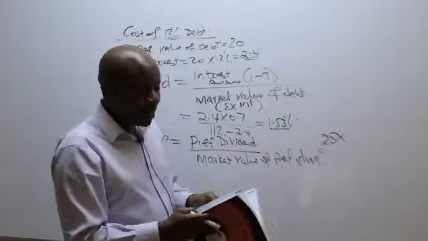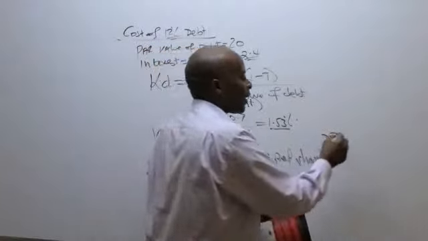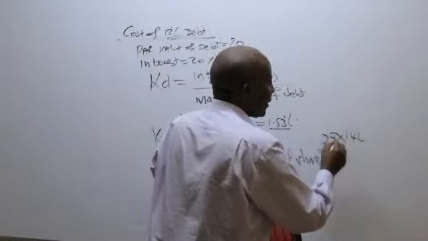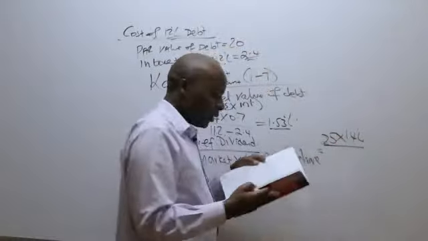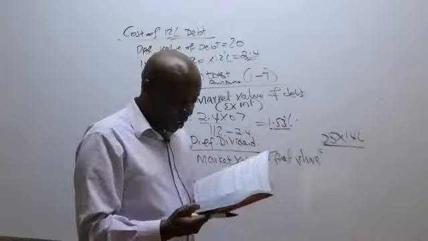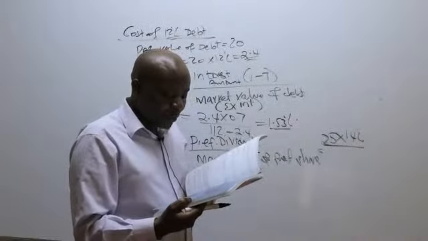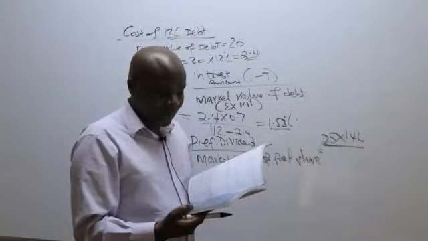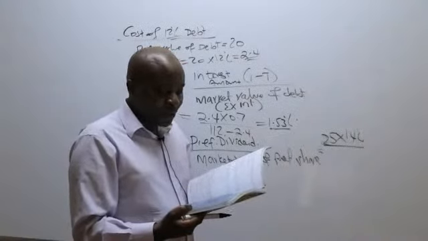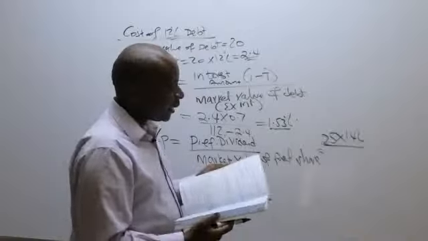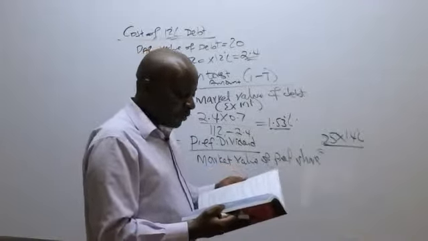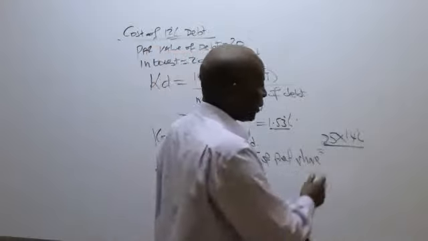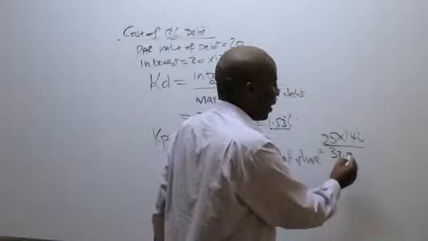So 14% is the rate of the preference dividend. So times 14% all over the market value of the preference shares. They've told us, note number 6, the 14% preference shares are currently trading at 33.5, but it's cum dividend. So it has to be 33.5 minus.